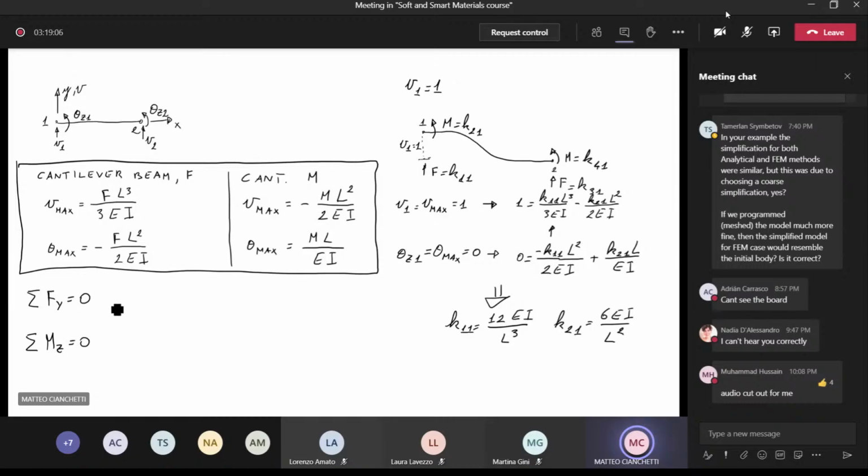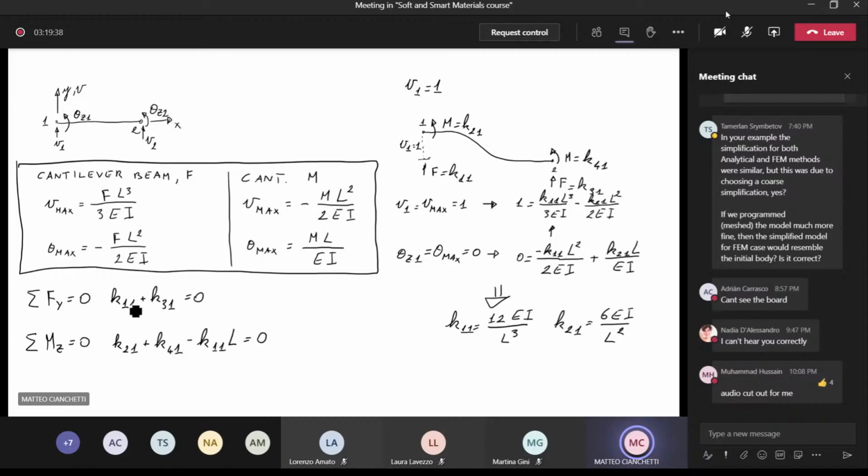From the first one, we know that K11 plus K31 is equal to 0. From the second, we know that K21 plus K41 minus K11 L is equal to 0.